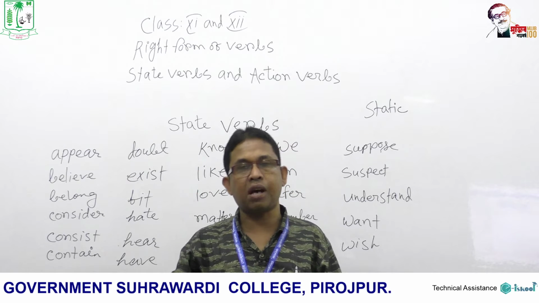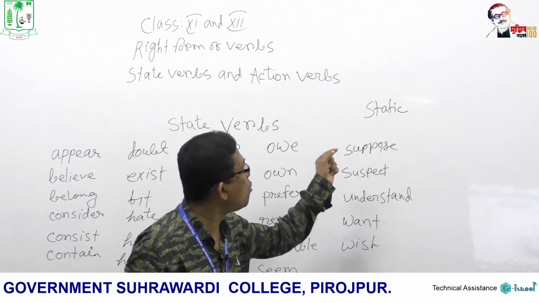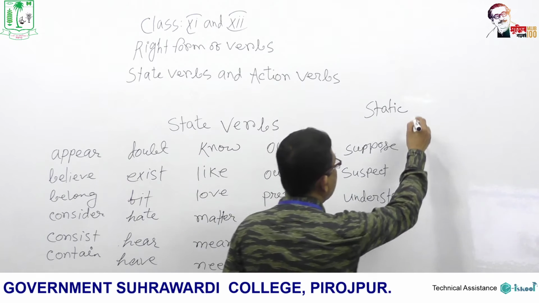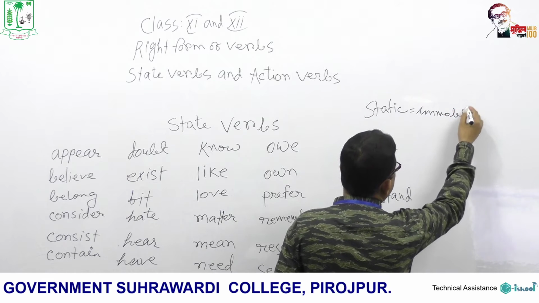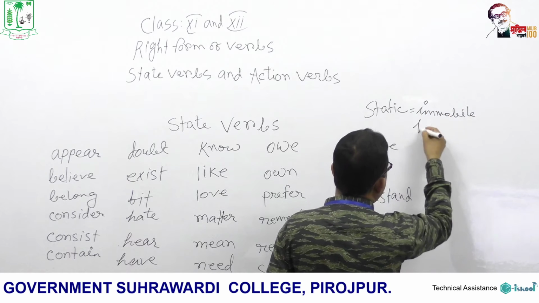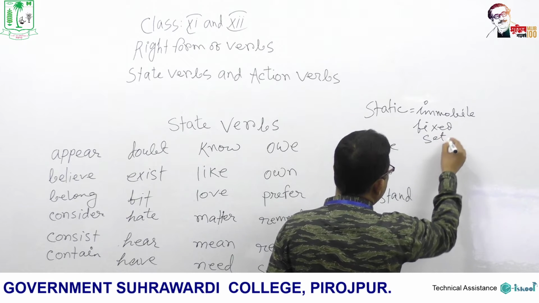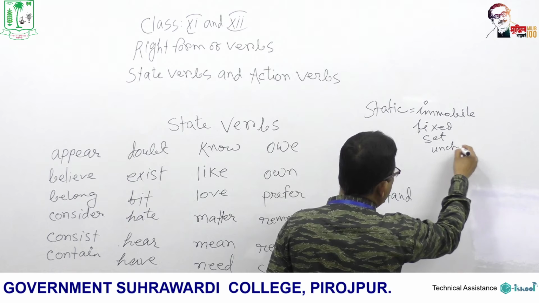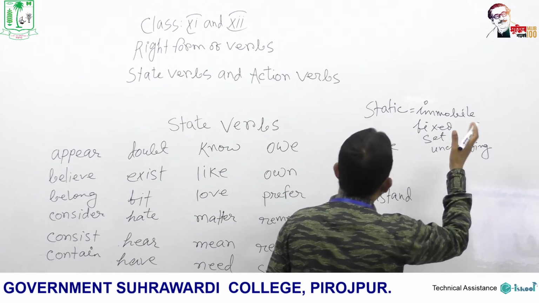So static means something which is not dynamic, which is immobile. We can say immobile or fixed. You are familiar with the word fixed or set or unchanging or unchangeable, unchanged, etc.